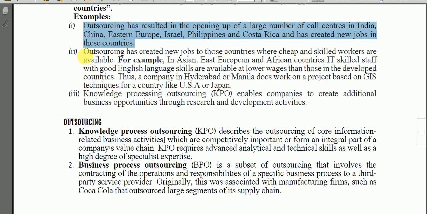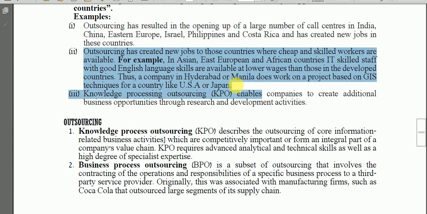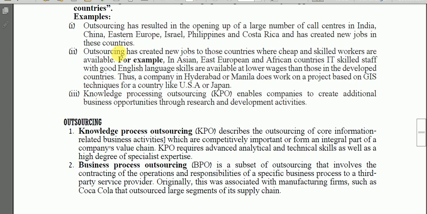And another important point is here, outsourcing has created new jobs in those countries where cheap and skilled workers are available. Because of outsourcing, new jobs are created in many developing countries, including Asian and African countries, where population density is high, where educated, skilled workers are there, and cheap also.